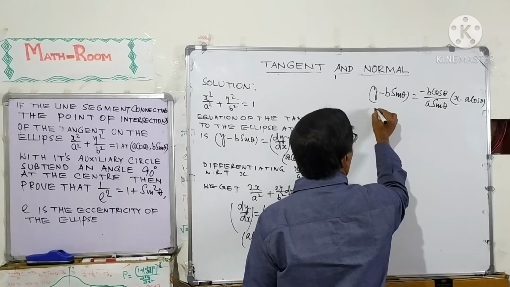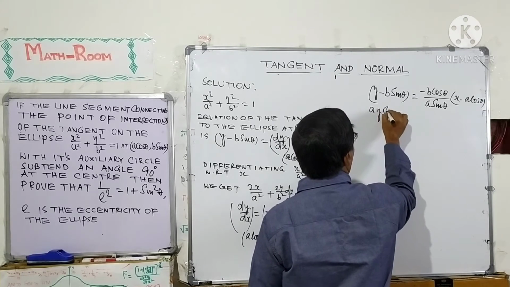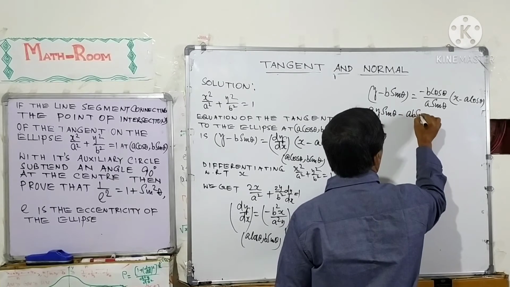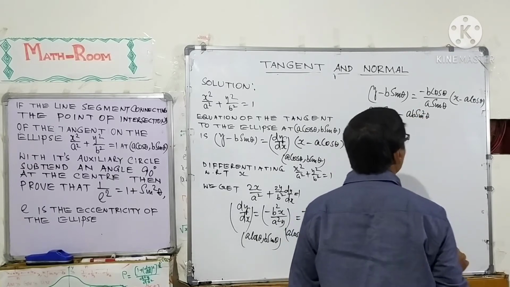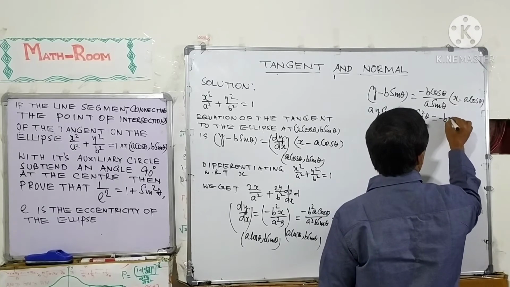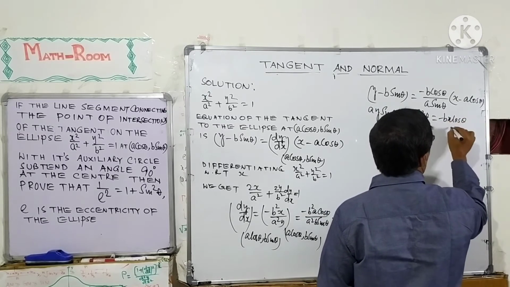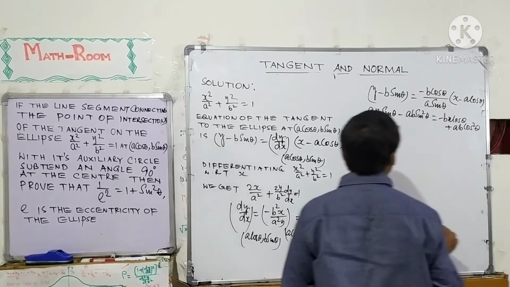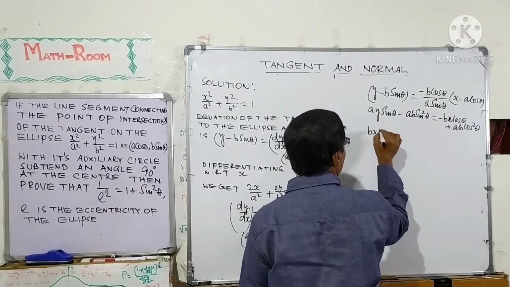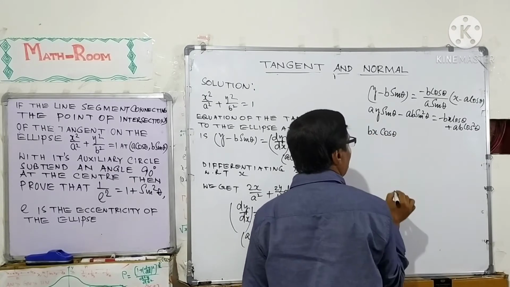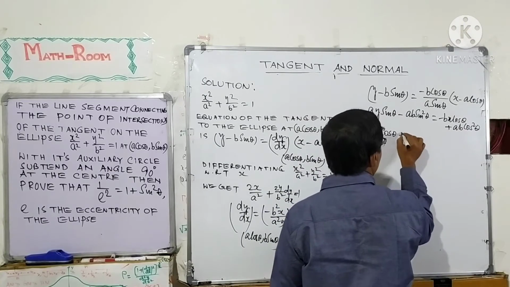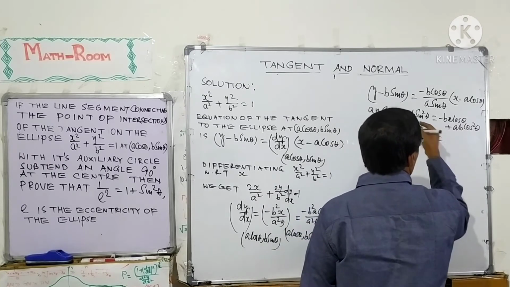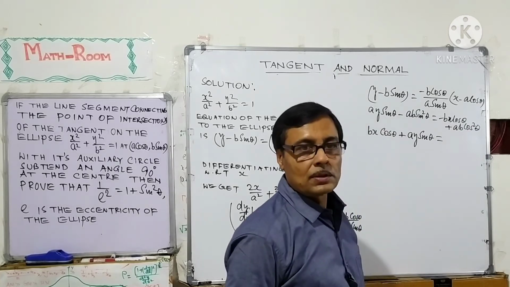So a y sin theta minus a b sin square theta equals minus b x cos theta plus a b cos square theta. So b x cos theta plus a y sin theta equals a b cos square theta plus a b sin square theta.